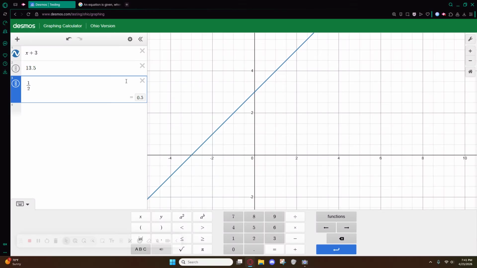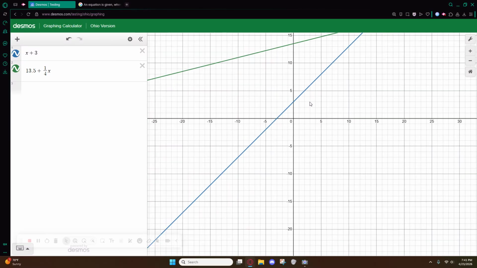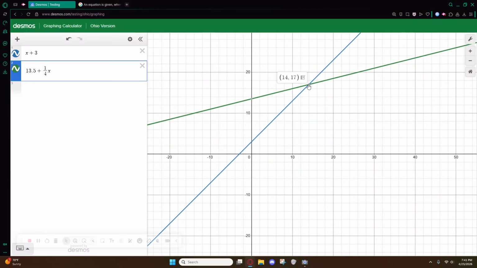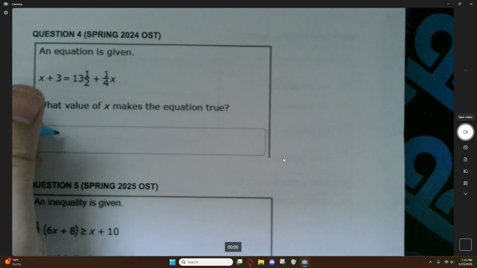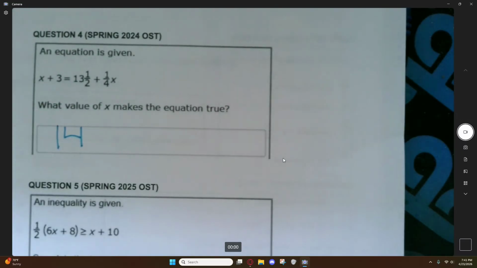Right? So, because Desmos doesn't handle mixed numbers well, plus 1/4 times x. And just like every other time, we're going to look for the spot where those cross. They cross at x equals 14. So I will go to my answer box and I will put in 14.